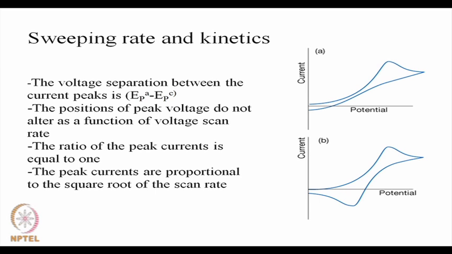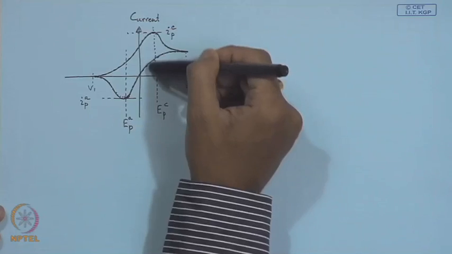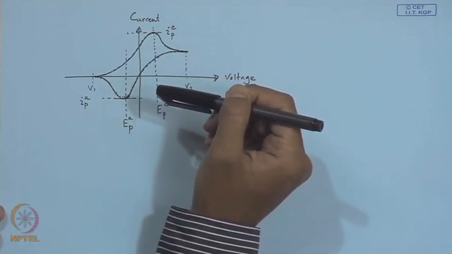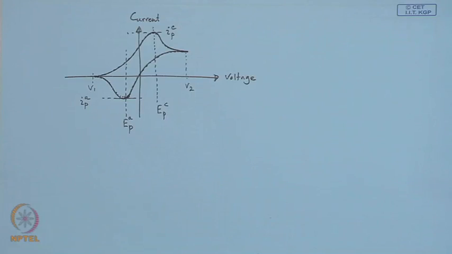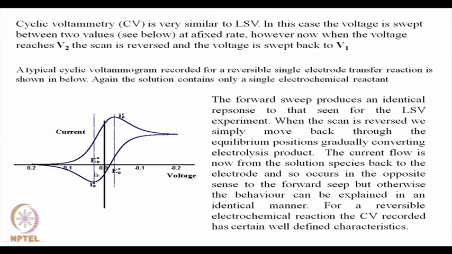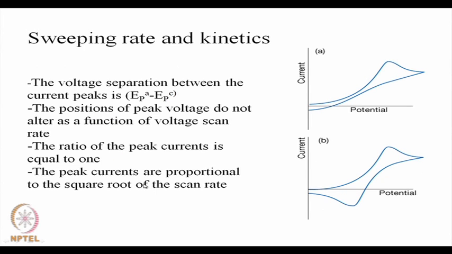The ratio of the peak currents, IPC and IPA, is equal to 1. The peak currents are proportional to the square root of the scan rate.